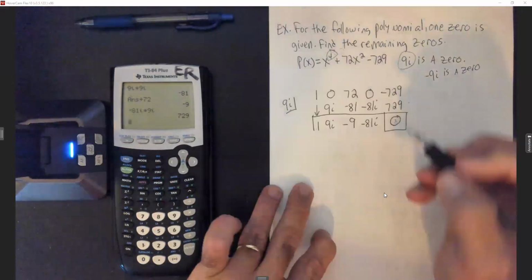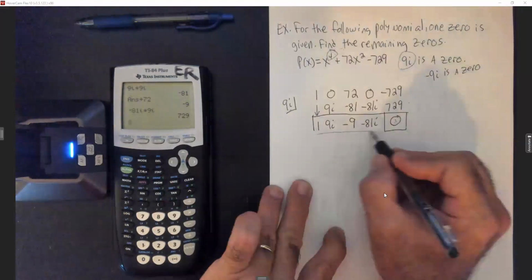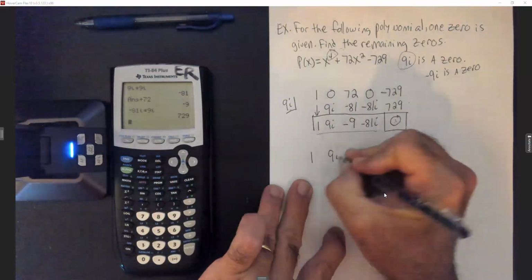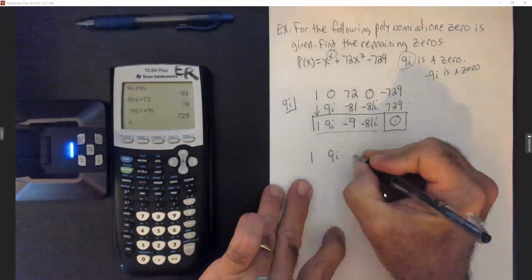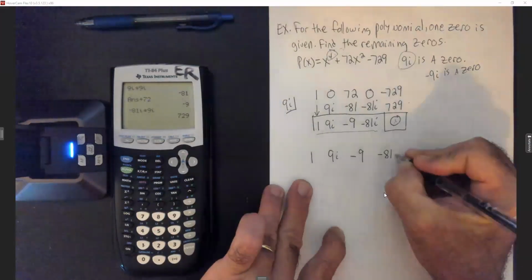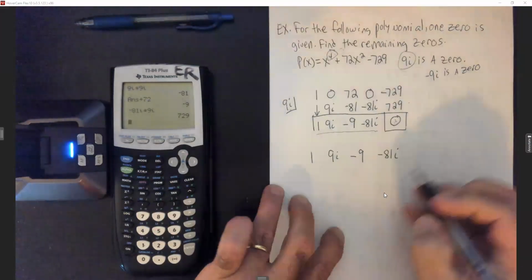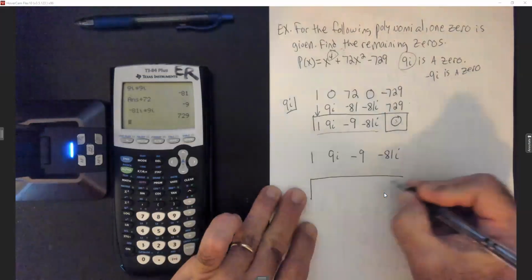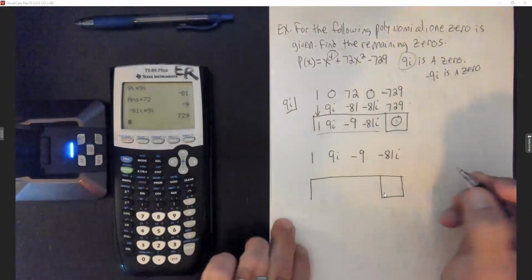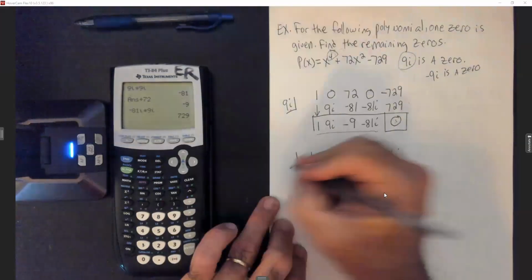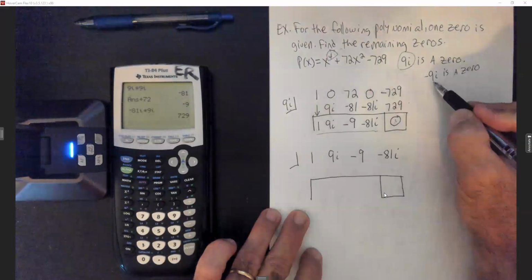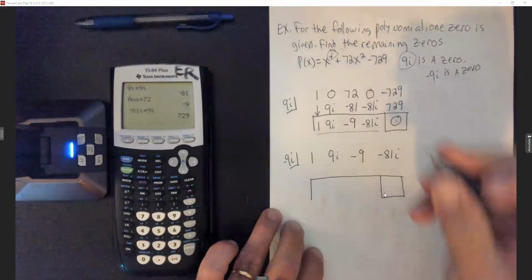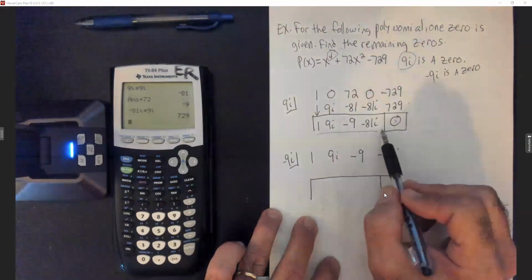So now what you got to do is take these 4 coefficients, 1, 9i, negative 9, and negative 81i, and do synthetic division. Now, we automatically need to check the negative 9i next, because y'all, we cannot use the quad until we get down to 3 numbers.